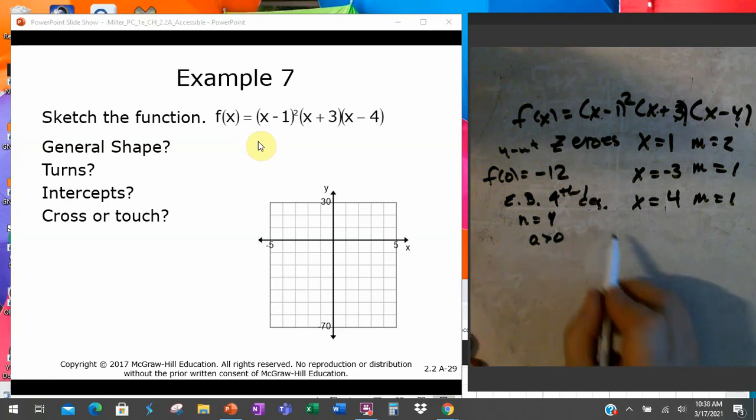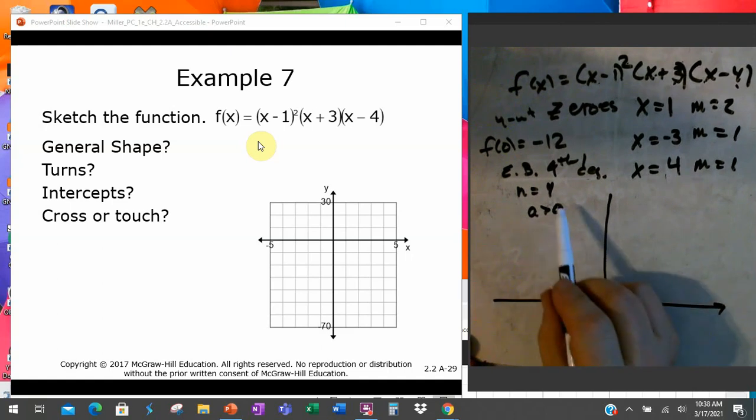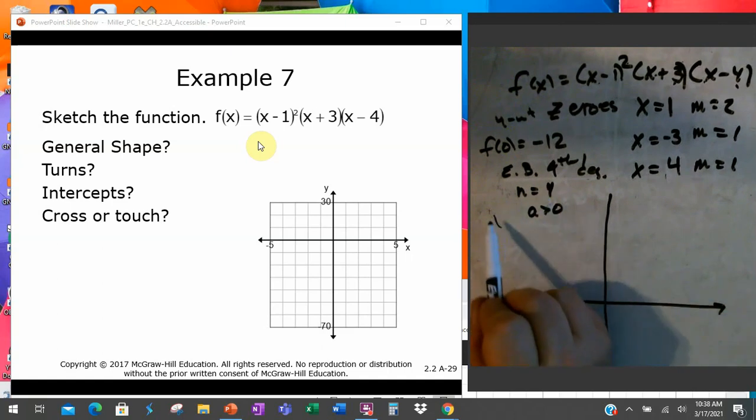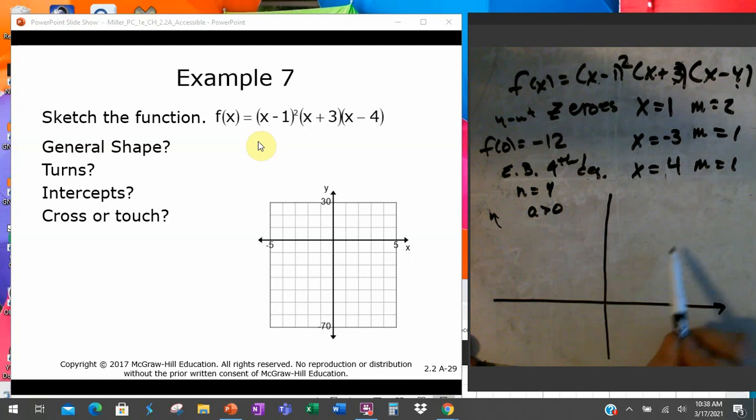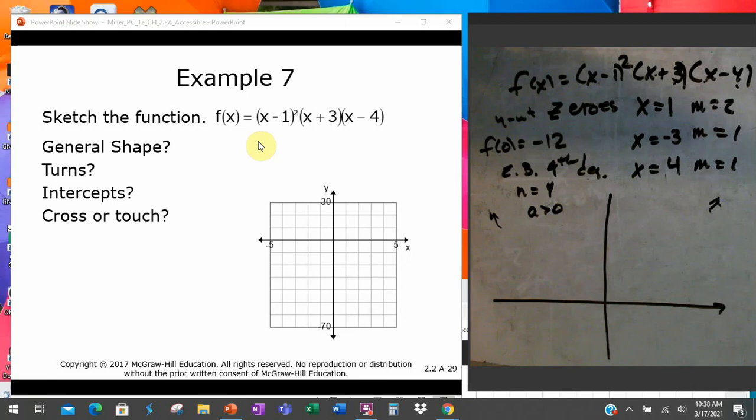So the end behavior, I'm going to start out and refine this thing as I go. Even is going to be up, just like if I did x squared up. Okay, that's a starting point. And then I do my scale, and I'm going to bring these in as I need it.